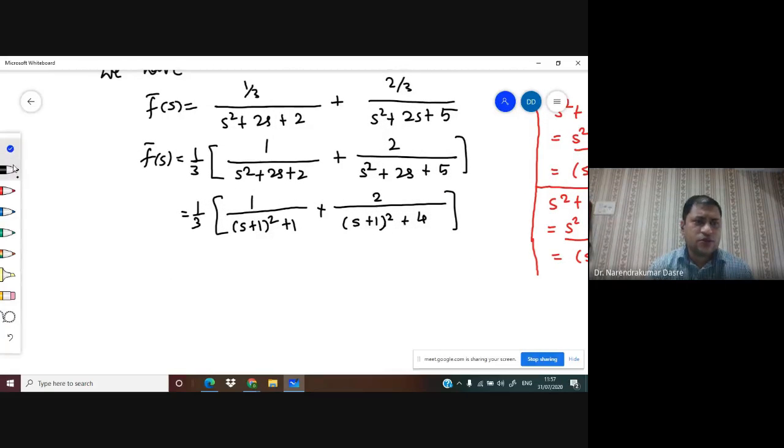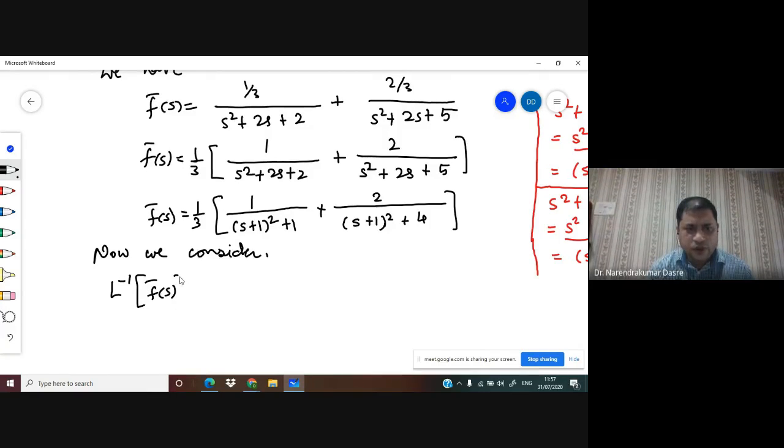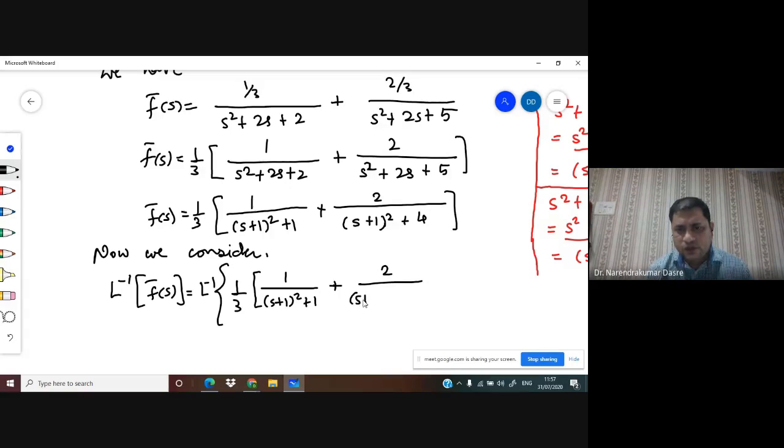Now this is f bar of s, and hence this is in the simplest form. So we can take the inverse Laplace transform of this. So now we consider the inverse Laplace transform of f bar of s. So it is the inverse Laplace transform of 1 by 3, and here you have 1 upon s plus 1 bracket square plus 1 plus 2 upon s plus 1 bracket square plus 4.